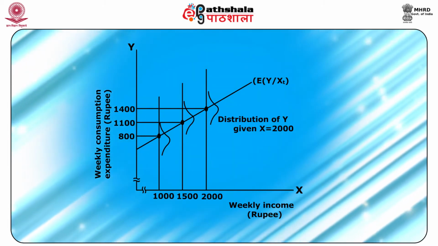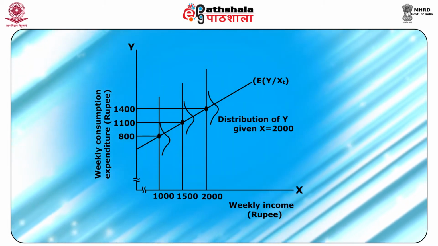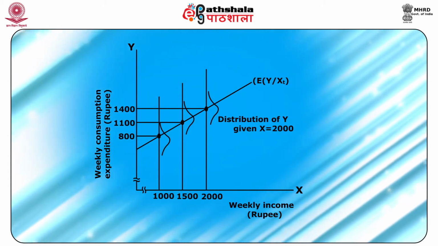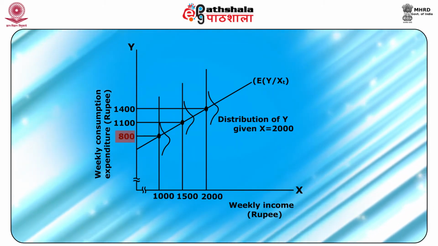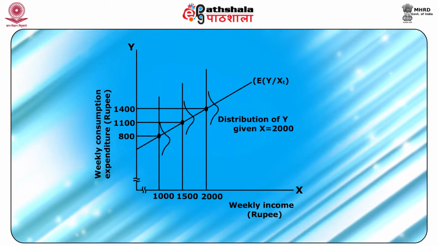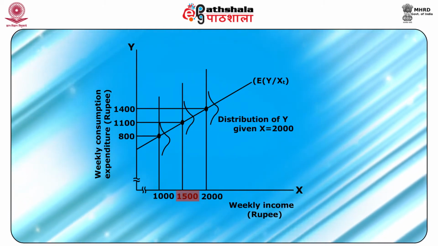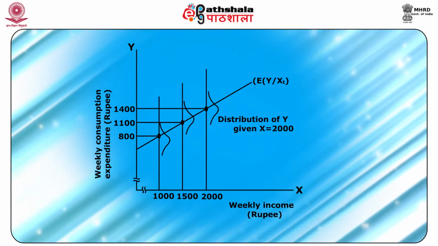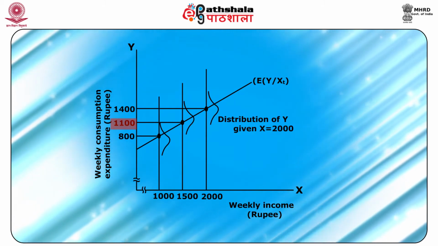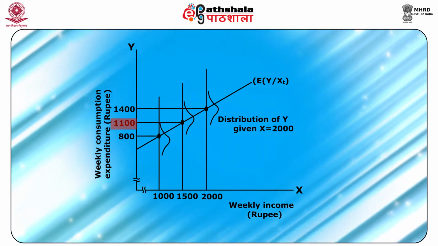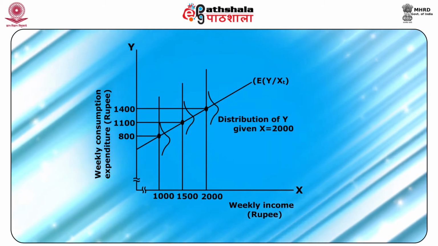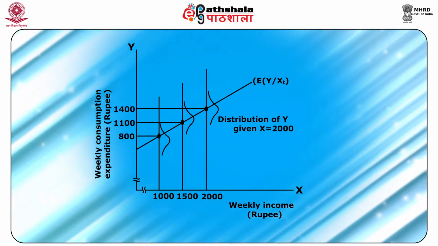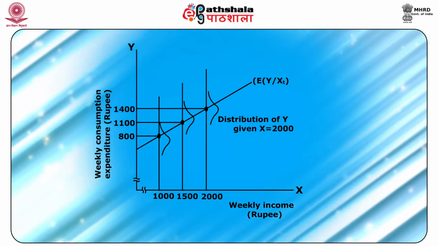This can be seen in Table 1 itself, where for example when the income level is rupees 1000, the corresponding expenditure on consumption is only 800. But when the income is increased to 1500, the average expenditure on consumption rises to 1100. Thus, we clearly see a positive relationship between income and expenditure on consumption.